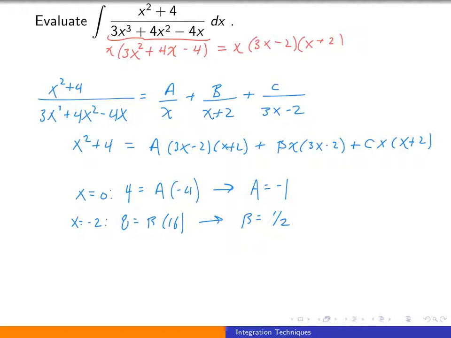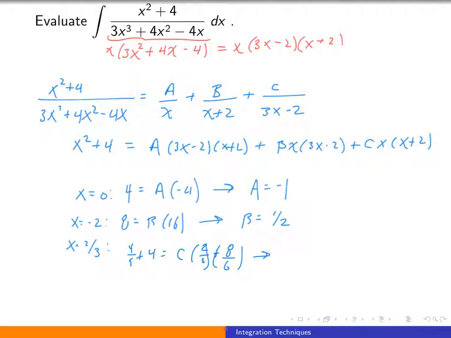And lastly, to solve for c, we're going to plug in the number x equals 2/3. And the reason I'm picking 2/3 is that if you plug 2/3 in, it makes the a term and the b term vanish. So when we plug in x equals 2/3, on the left we're going to have 4/9 plus 4, and on the right we're going to have c times 2/3 times 8/3.